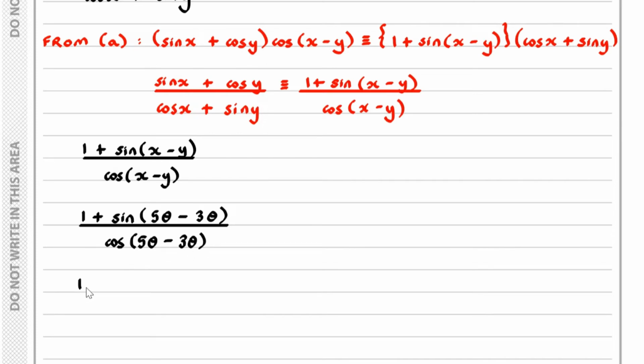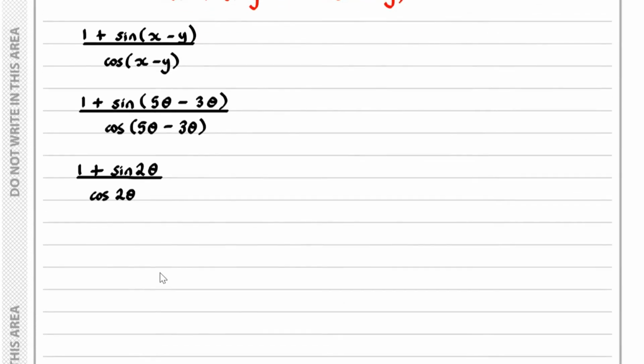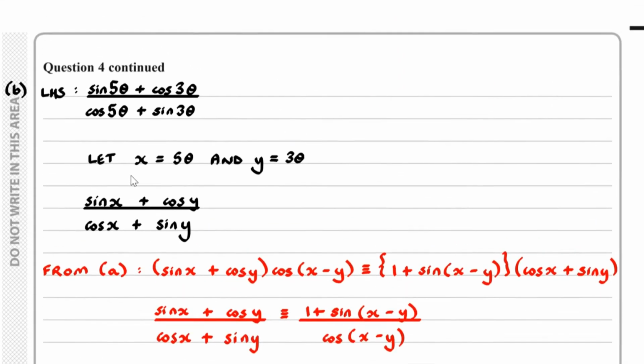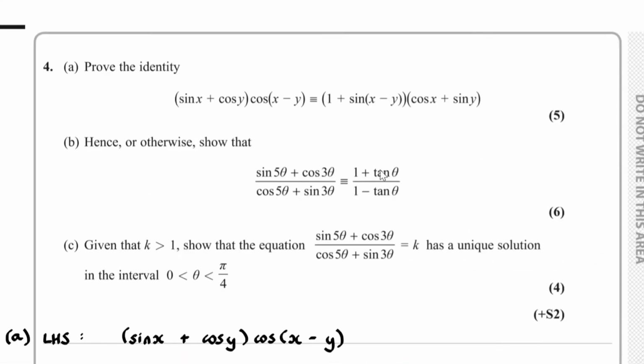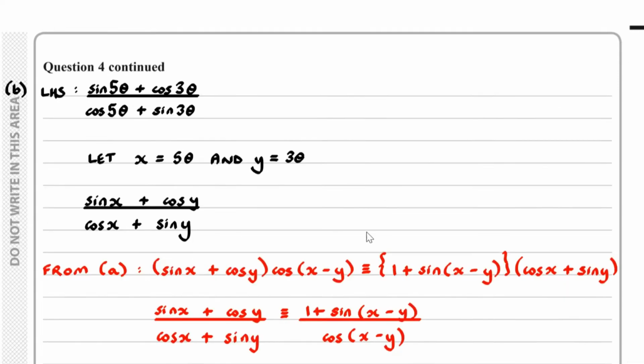So I've got 1 plus sine 2 theta divided by cos of 2 theta. And so what we need to do is somehow show that this is the same as 1 plus tan theta over 1 minus tan theta.